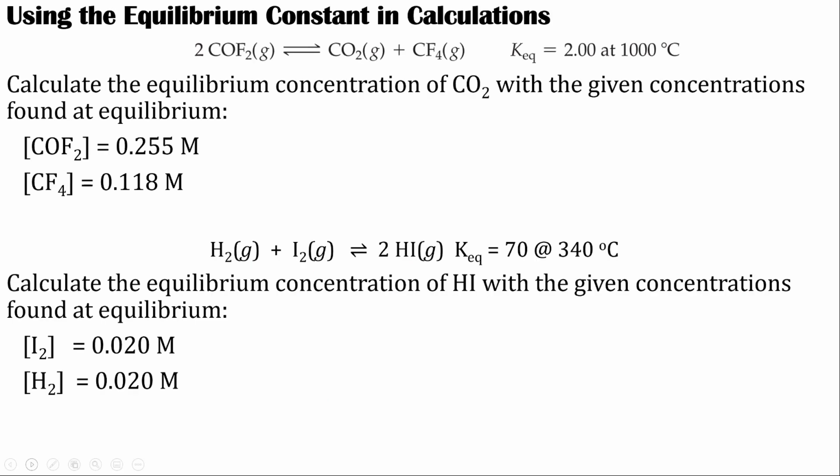All right, calculate the equilibrium concentration of CO2 with the given concentrations found at equilibrium. So I'm going to plug everything in, and this time I'm given the K. So first down here, real small, I'm going to write my equilibrium expression.